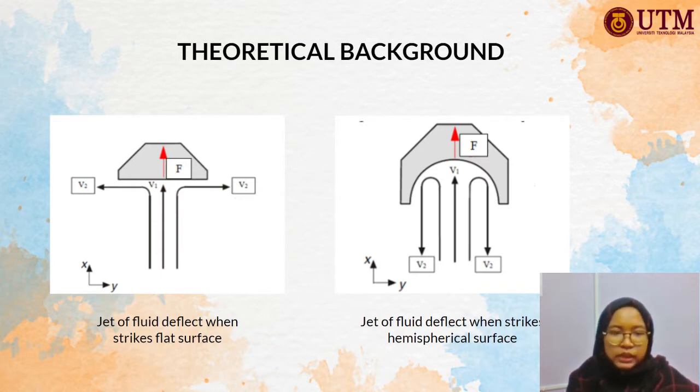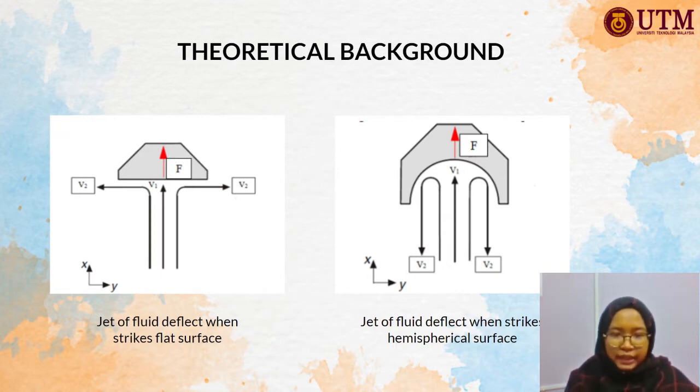For example, when water at velocity V from a jet nozzle with diameter D strikes the flat plate or a hemispherical surface, the rate of change of momentum, equal to rho AV squared, is produced, and its magnitude is the same as the force exerted on the surface to support the water jet. Depending on the surface, the force F generated by the jet of fluid when it strikes differs.